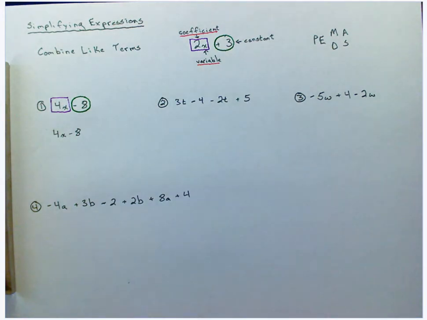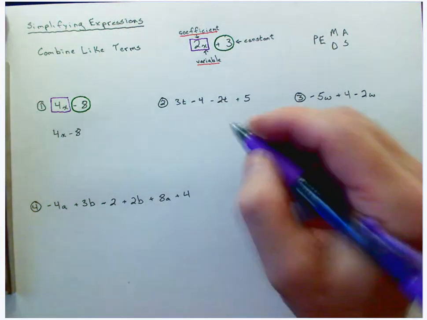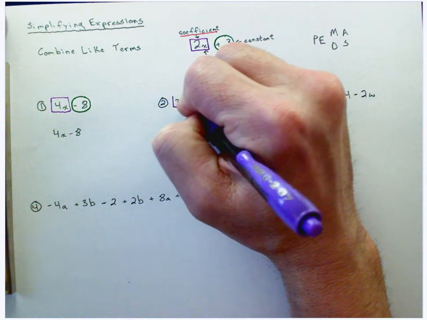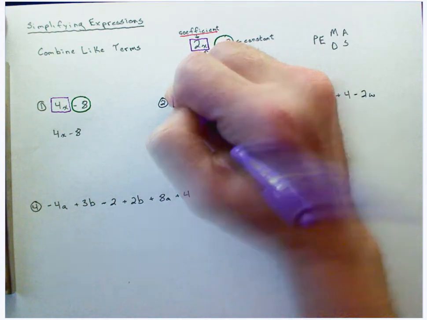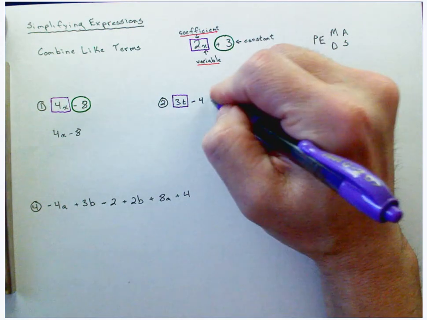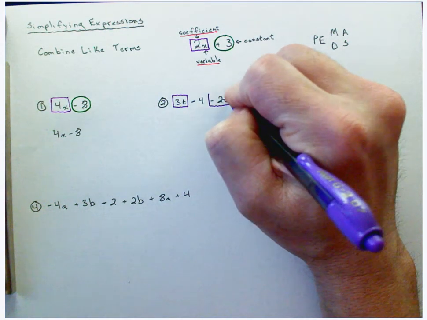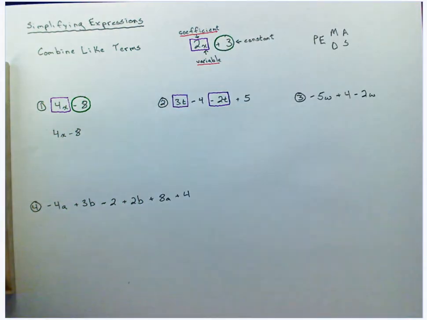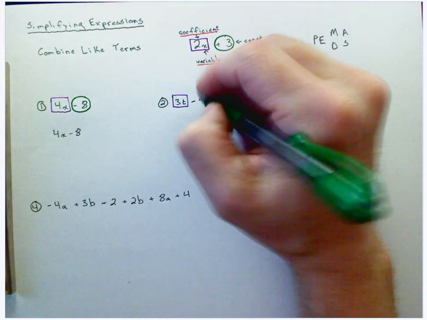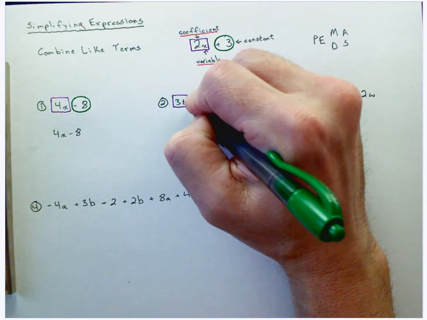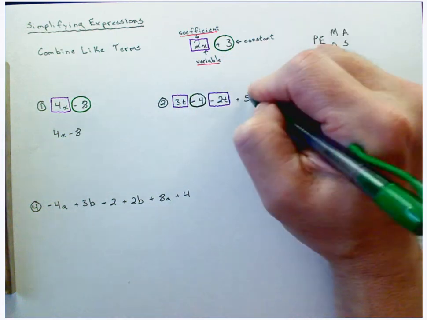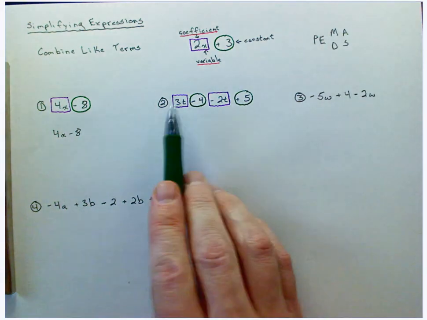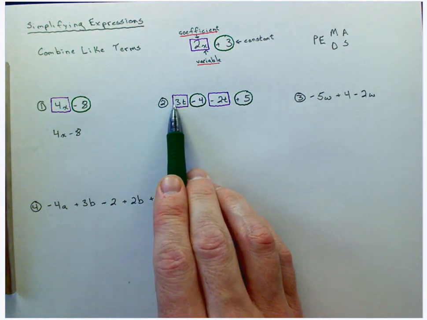Alright, so problem number 2. I'm going to do a purple box around all of my terms that have the variable t in it, to include the sign in front of the term. And I will do green circles around all of my constants, and I will include the sign in front of those terms. Question for you: what sign is understood to be in front of the 3t?